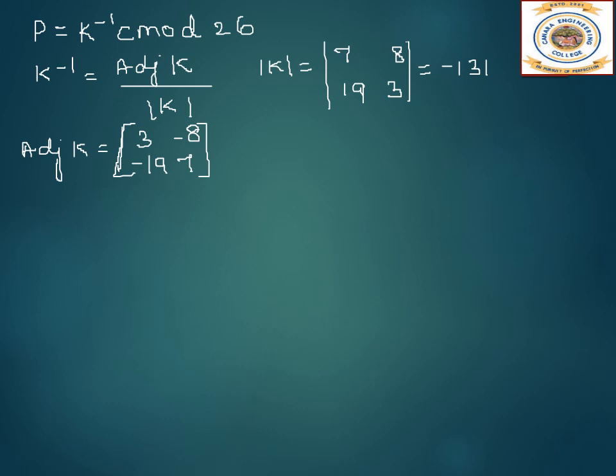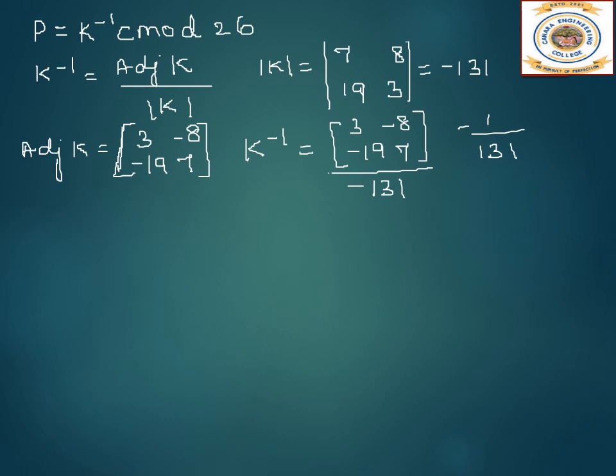Now K inverse will be 3, minus 8, minus 19, 7 divided by minus 131. Now 1 by minus 131 is not simple division as in normal division. We have to remember this is modular arithmetic, so here inverse means we have to find the inverse in this particular method.